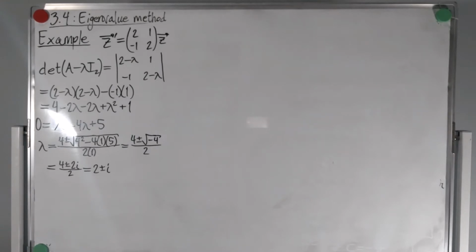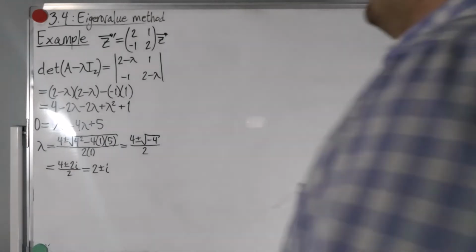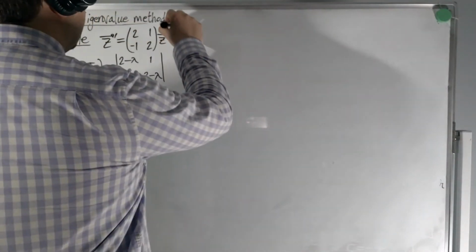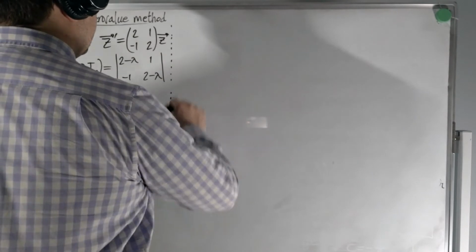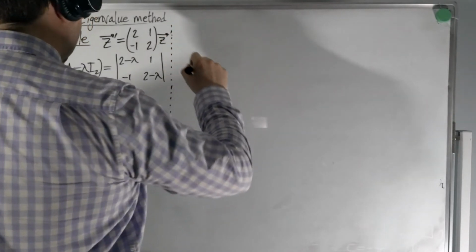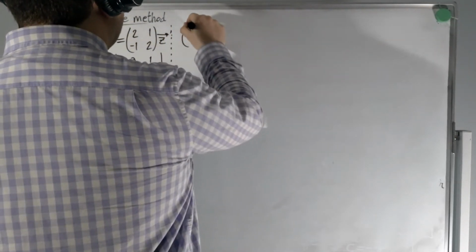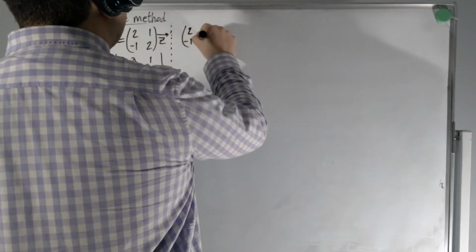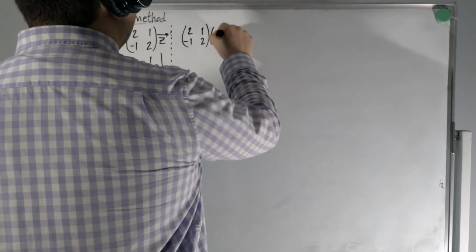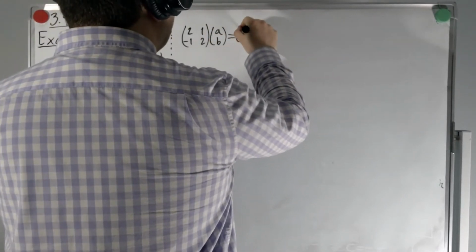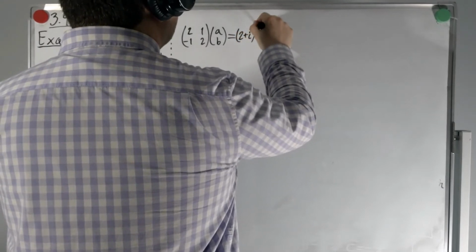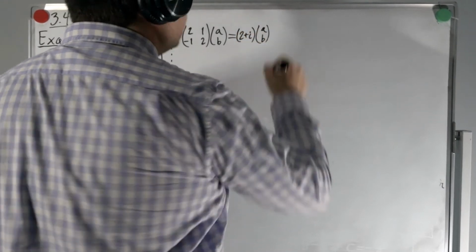So now we need to find the eigenvectors. Those would be solutions of 2, 1, negative 1, 2 multiplied by (a, b) equals 2 plus i multiplied by (a, b).